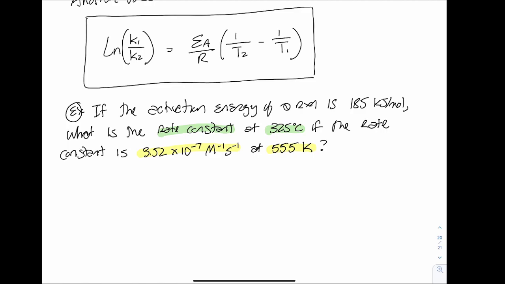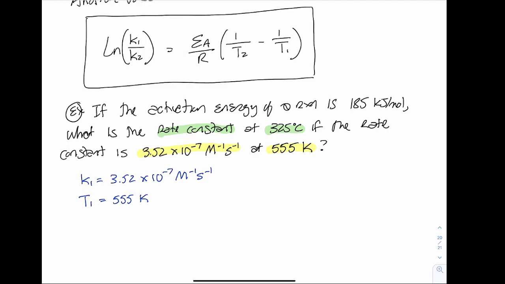So I'm going to make a list. I know that one of my rate constants, 3.52 times 10 to the negative 7th molar to the negative 1 seconds to the negative 1, goes with a temperature of 555 Kelvin. So again, I made those the ones, the pair that's given in the problem. I usually do. If you wanted to do the problem at the same time as me and make those twos, we're going to end up with the same answer.